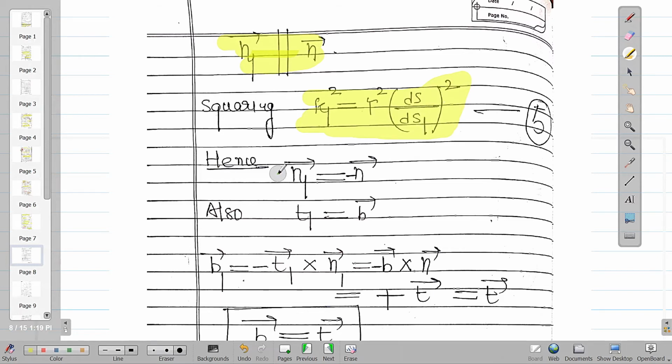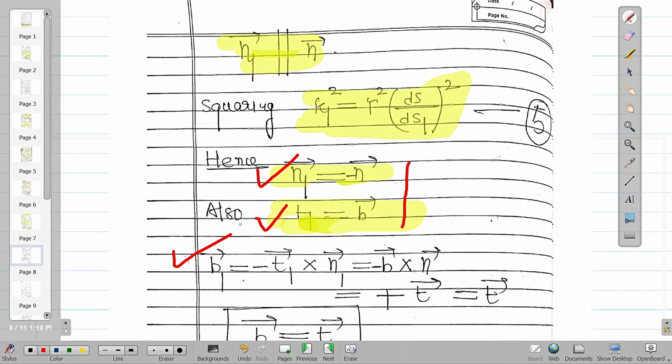We get n1 equal to minus n vector, and we also know that t1 is equal to b vector, which we already proved. We found the value of t1 and n1, and the third term is required, which is b1 vector.